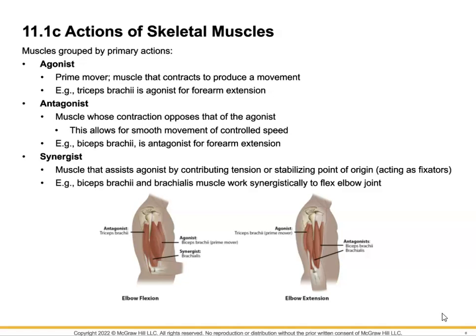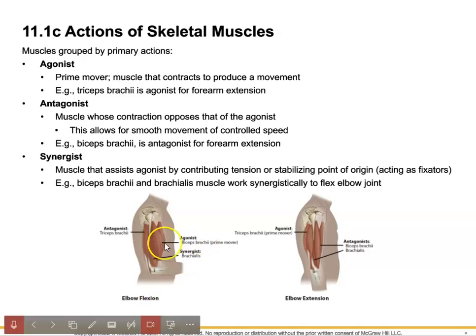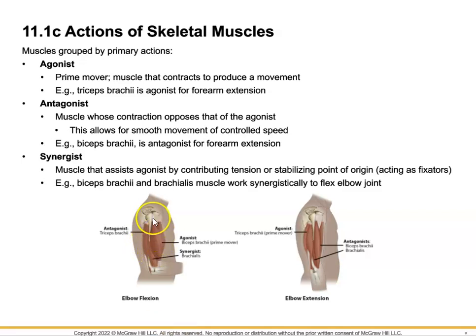So an agonist is the prime mover of a muscle. So if you think about it, the triceps brachii, which is your posterior muscle, right? So right here's your triceps brachii, right here's your biceps brachii. Your triceps brachii is the agonist or the prime mover for extending the forearm.